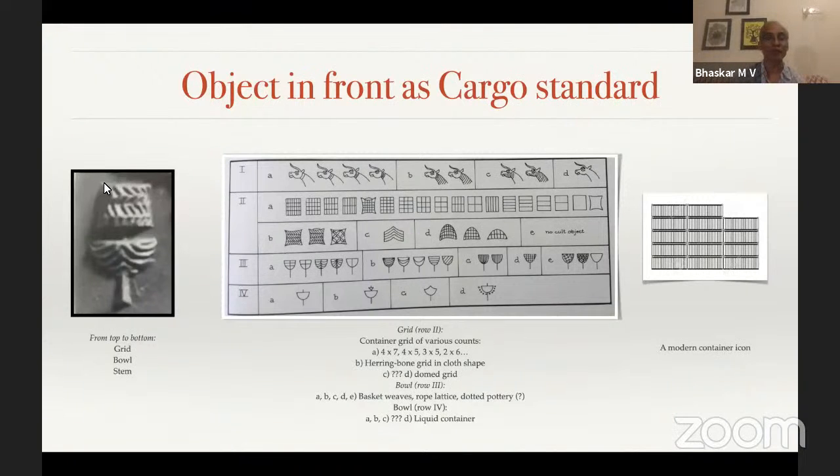So therefore, this is an abstract entity, and therefore it is a kind of cargo standard. It represents the cargo, but it is not the cargo itself. Right? That is how I understand the object in front.